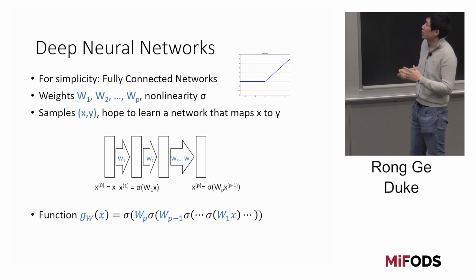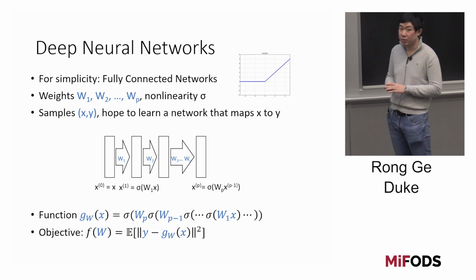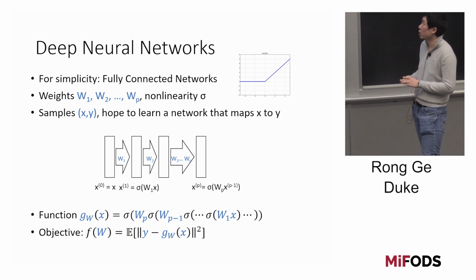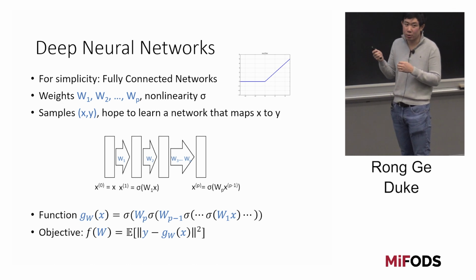The function computed by the neural network we will denote by g. The objective function is going to be a function of the weight matrices of this neural network, which for simplicity, we are just going to look at the L2 loss, which is the difference between y and the prediction of the neural network.